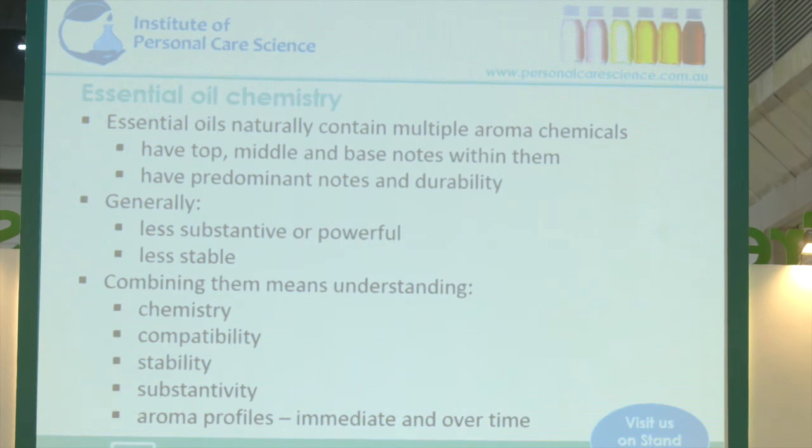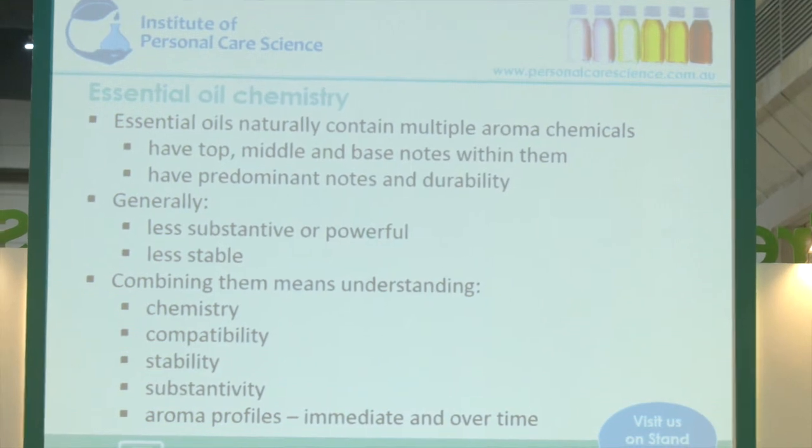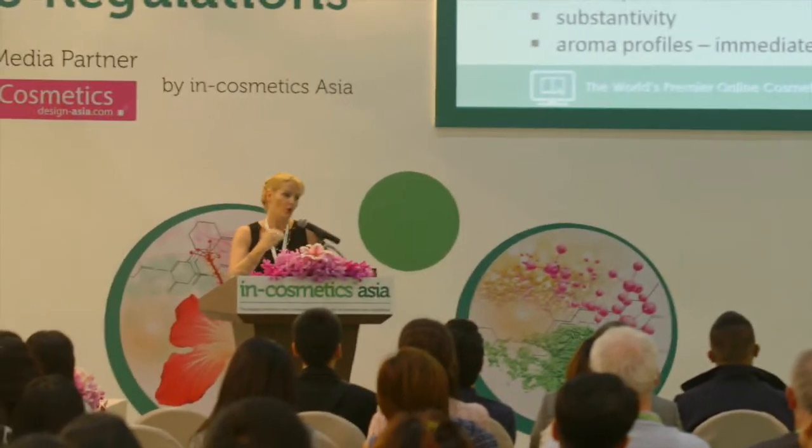One oil has all 3 characteristics, but they generally have predominant top or middle or base notes. So you need to pick and choose your essential oils to combine those that are strong in top notes with those that are strong in middle notes with those that are strong in base notes to get a well-rounded and well-degrading aroma over time.